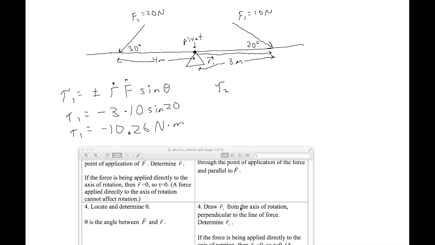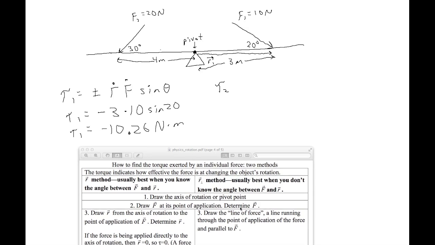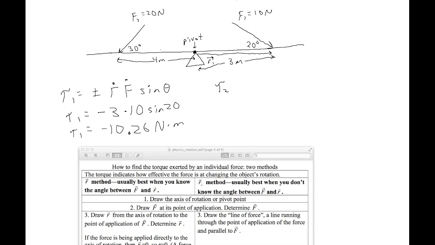Okay. So in this one, I would say the R vector is 4 meters, and the force that's being applied is 20 newtons, and the angle is 30 degrees. So then I would say it's 4 newtons times 20 times sine of theta, which is 30. And I know that it's counterclockwise torque, so it's positive.